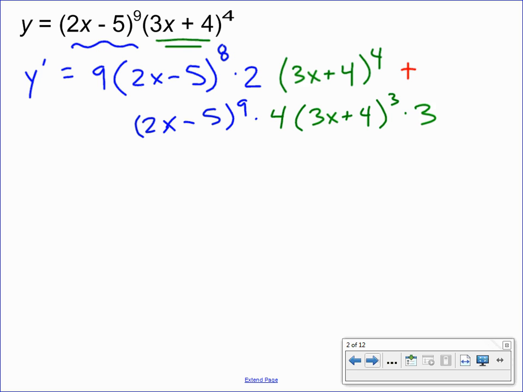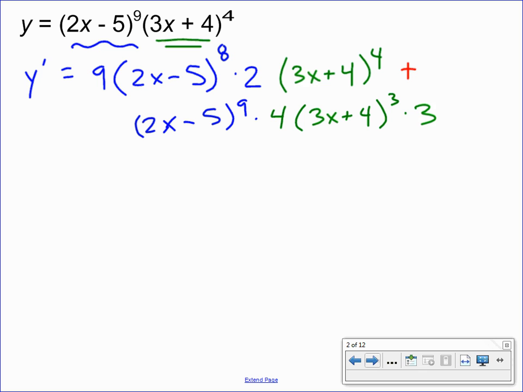So we are going to take our expression y prime and set it equal to 0 to see where the slope is 0. That would indicate a horizontal tangent. But before I set this equal to 0 and solve, I think it would be useful to simplify. So let's go ahead and simplify this as much as we can.